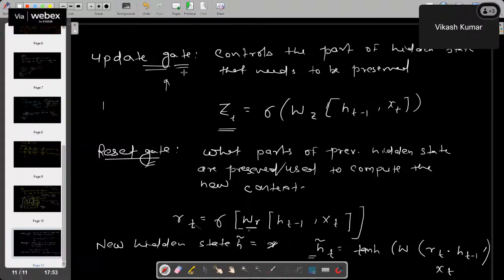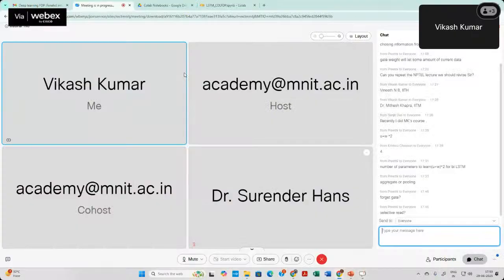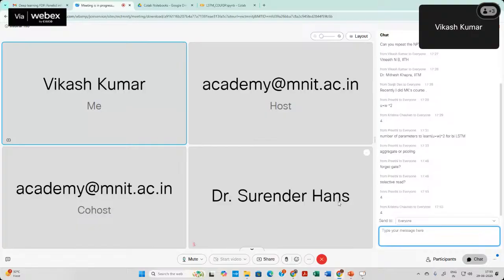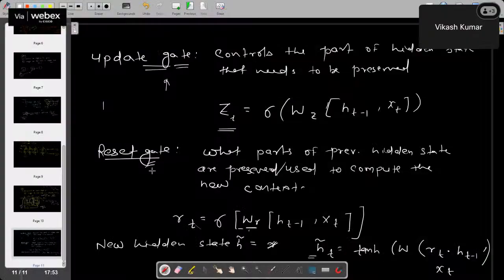Earlier, how many gates were there? Earlier it was 4, now it is reduced to 3, isn't it? So if the number of gates itself has reduced, definitely the parameters will get reduced.